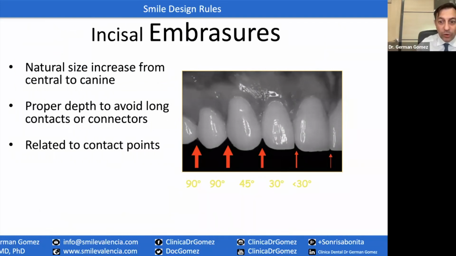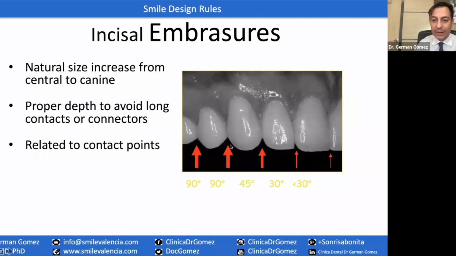The embrasures, this V-form space here, have different angles. Between the central incisor and the lateral incisor, it's less than 30 degrees. Between the lateral incisor and the canine, it's 30 degrees.